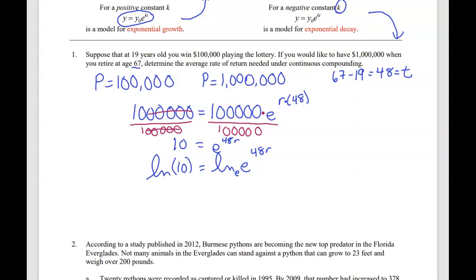And anytime I take the natural log of e, the rule is that it divides out and becomes just our exponent. So I get 48r. And we have natural log of 10. And so we divide both sides by the 48.